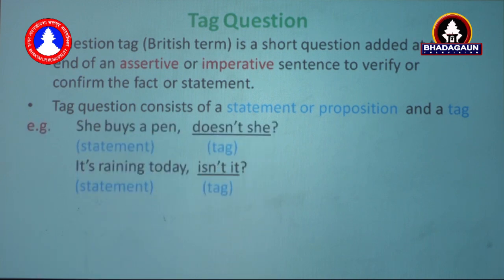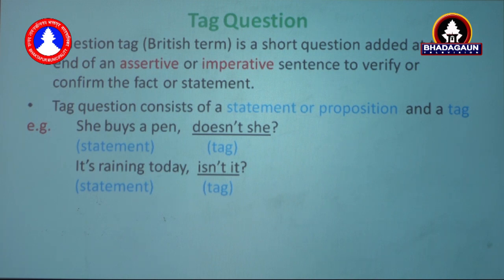So let's see the example. She buys a pen, doesn't she? She buys a pen is a statement and doesn't she is the tag. Second example, it's raining today, isn't it? It's the statement and the tag is underlined there, isn't it. That's the tag.